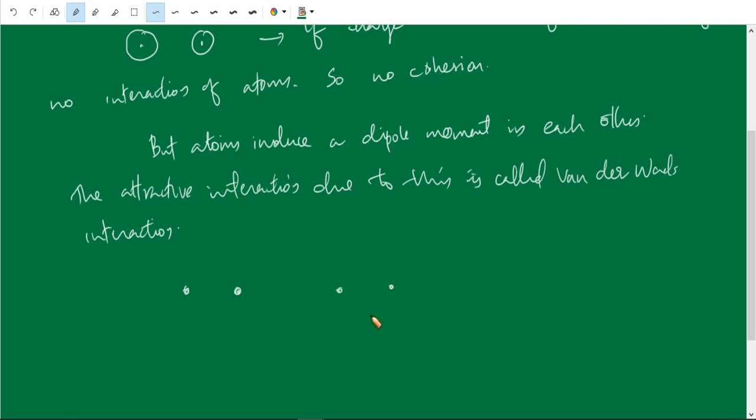The first one is separated by distance x1, and the second dipole separation is x2, and these two atoms are separated by a distance r, which is very large compared to x1 and x2.